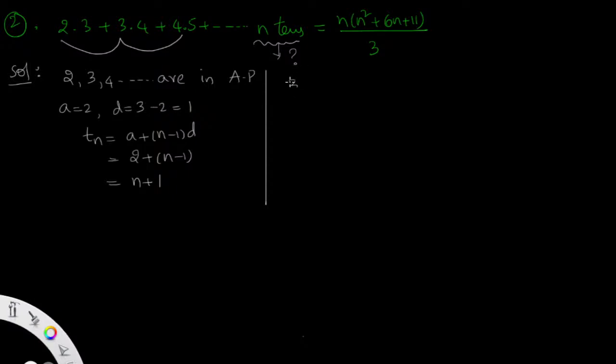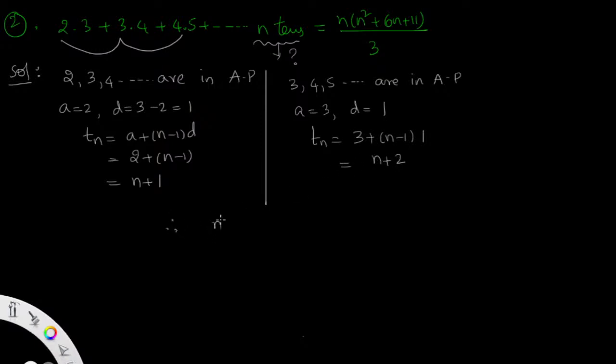In the same way, 3, 4, 5 and so on are in AP. Therefore A equal to 3 here, and the common difference D is 4 minus 3, that is also 1. Then Tn equal to 3 plus n minus 1 into 1, so n plus 2.